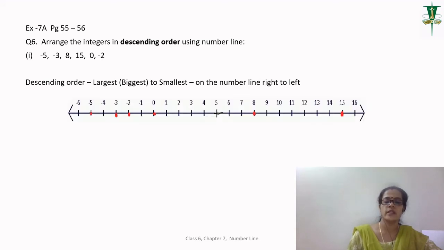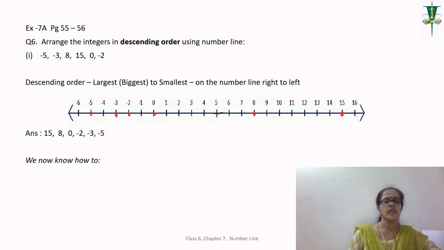On the number line, it simply means going from the right to the left. So after you have highlighted your given numbers on the number line, you read these numbers from the right to the left, which means it will be written as 15, 8, 0, -2, -3, and -5.